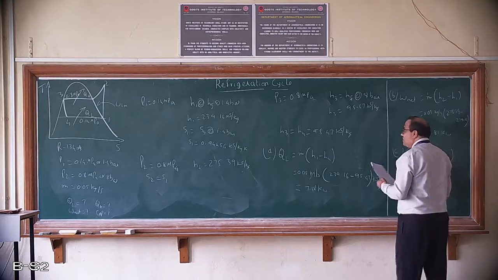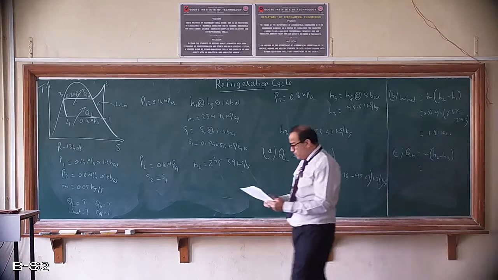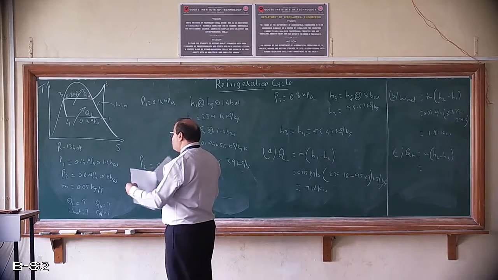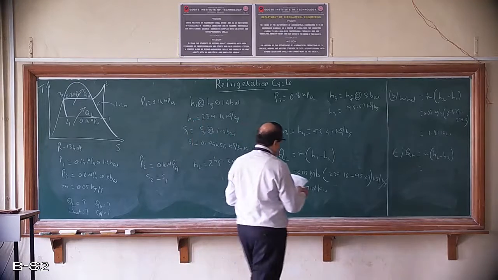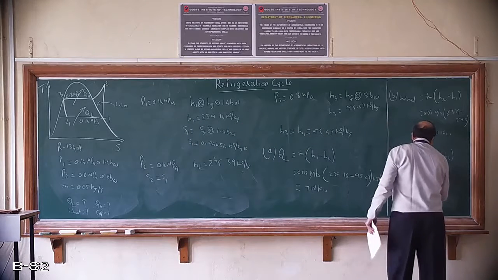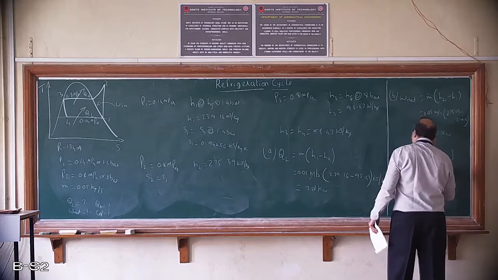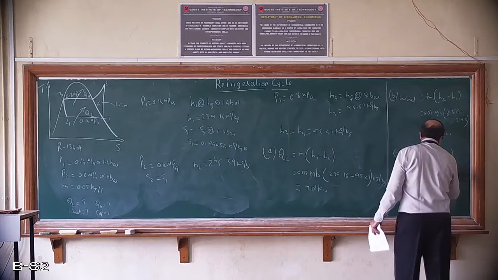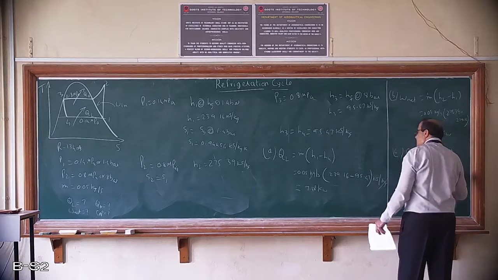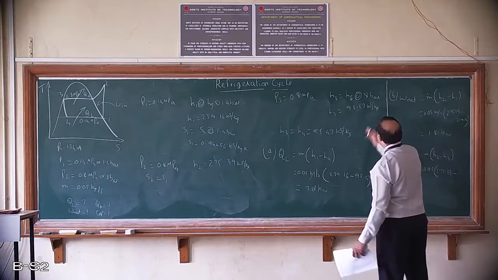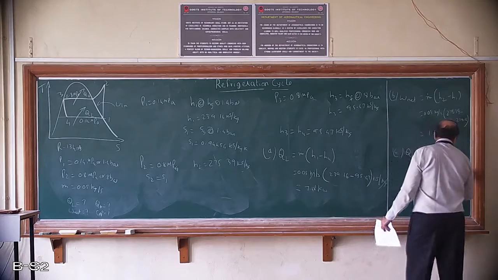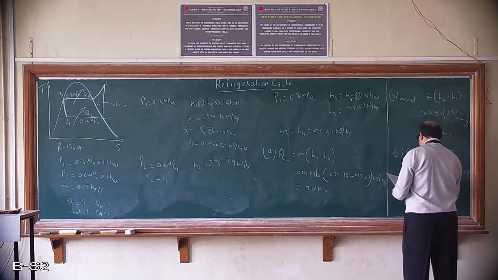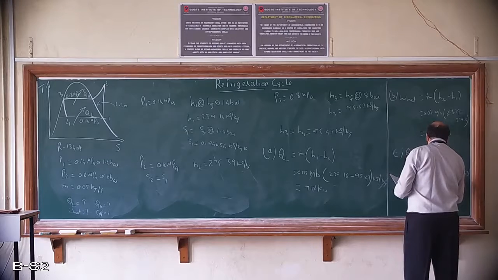So this will be 0.05, H2 is how much? 275.39. H3 is 95.47. So you get this as 9 kilowatts.